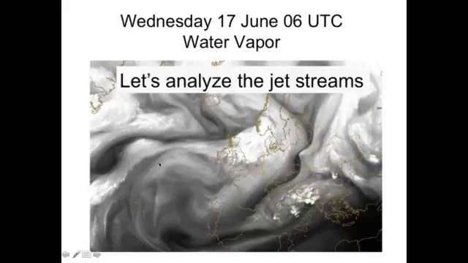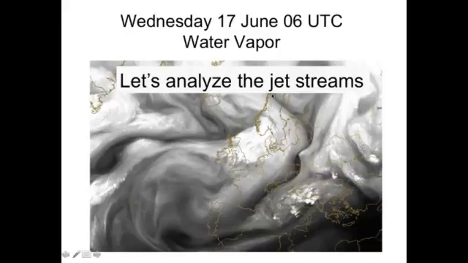and we can nicely see that the jet stream seems to be located here at the border of the warm and cold air masses. So here over the Mediterranean, there is a nice jet stream continuing towards the British Isles, and then Norway.